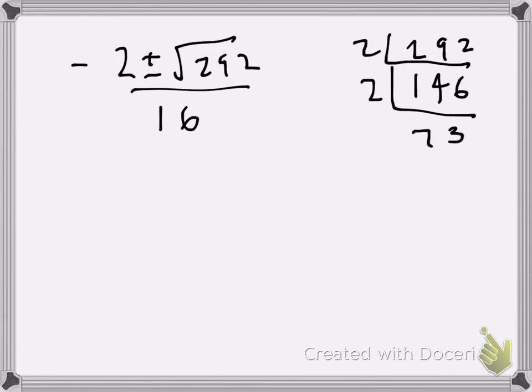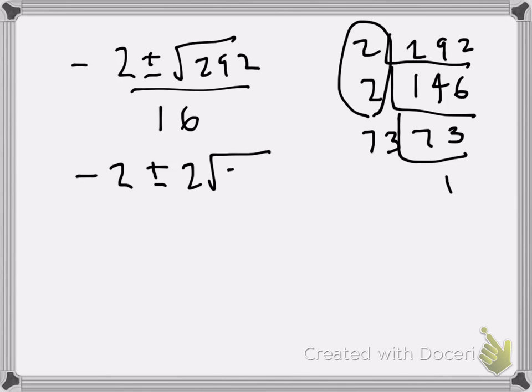I mean, maybe something goes into it, but I definitely don't think it's going to have any pairs in there. So I'm not too worried about breaking that down any further. Remember, I'm looking for pairs in my prime factorization in order to pull anything out. I've got a couple of 2's, so I am going to be able to pull a 2 out of my radical, and then that 73, since it wasn't able to break down into any pairs, has got to stay in.